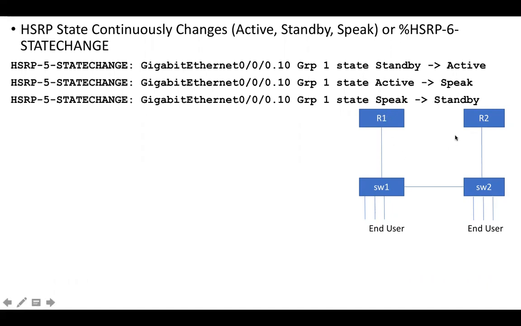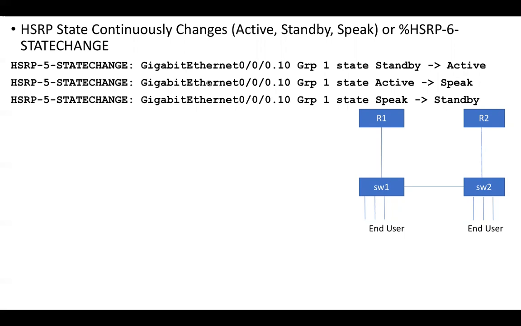You can use continuous ping between R1 and R2. The momentary loss of data communication between HSRP peers is the most common problem that results in these error messages. This could be due to high CPU utilization, or maybe an indication of an STP problem, spanning tree problem, or maybe a problem at the physical layer. Maybe your interface is flapping.